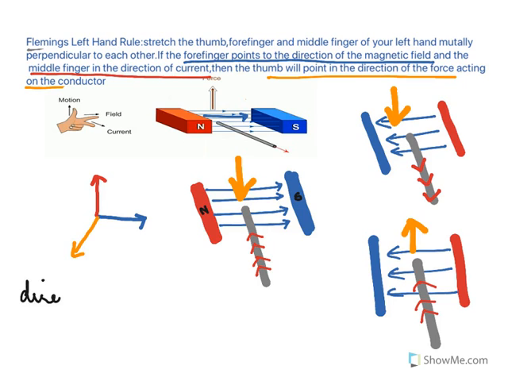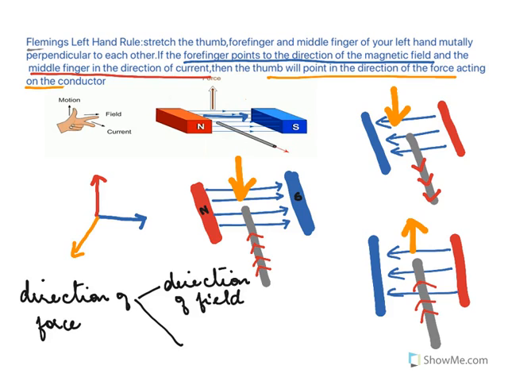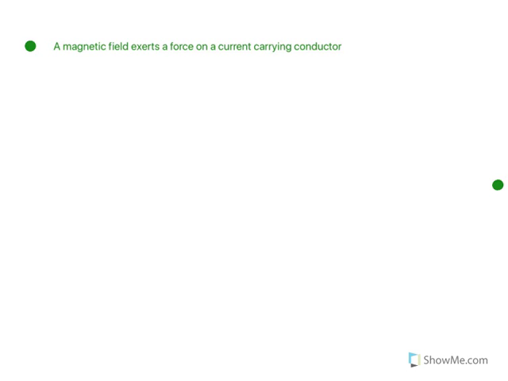So the direction of this force will depend on two things: on the direction of the field, you reverse the field, the force gets reversed, and on the direction of the current, you reverse the current, the force also gets reversed.